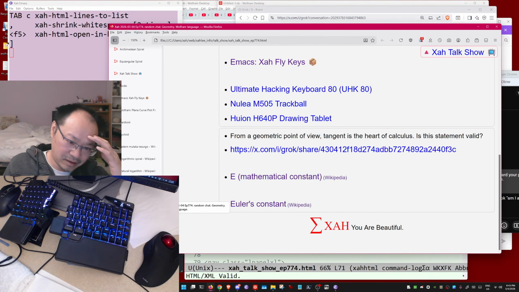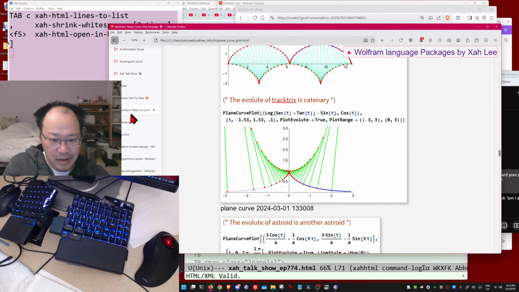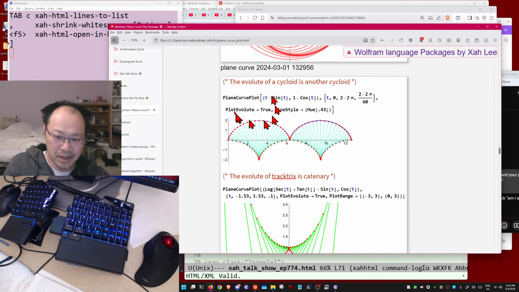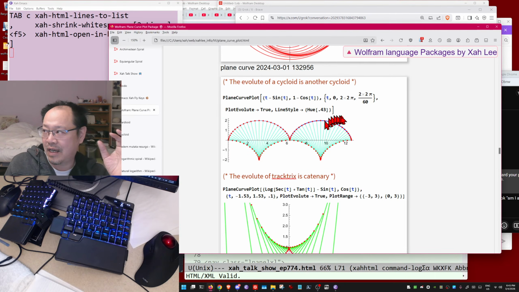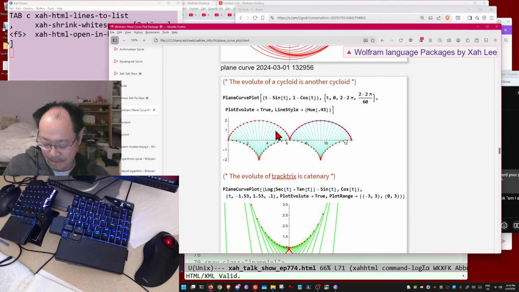Okay, that is the cycloid curve, and the reason we are talking about that is because, again, this package can draw it. I mean, it can draw the evolute. Evolute is the locus of kissing circles.